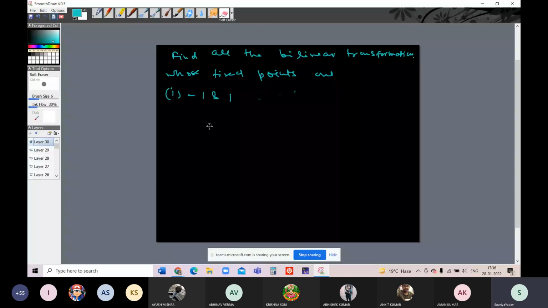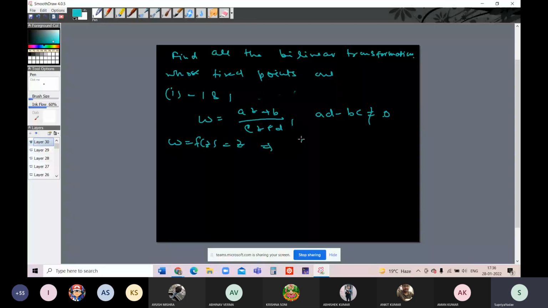Okay, so you know that the bilinear transformation is defined like this: az plus b upon cz plus d, along with ad minus bc not equal to 0. So this is the bilinear transformation. Fixed point means that w is equal to f of z is equal to z. So minus 1 and 1 are the fixed points. It means that f of minus 1 is minus 1 and f of 1 is 1.